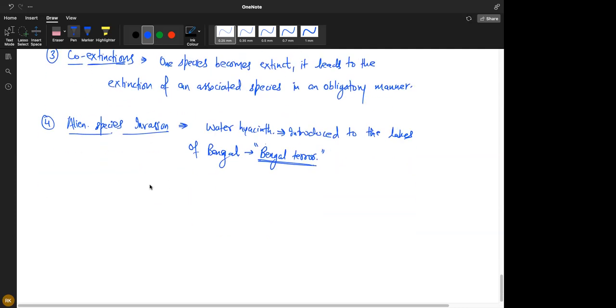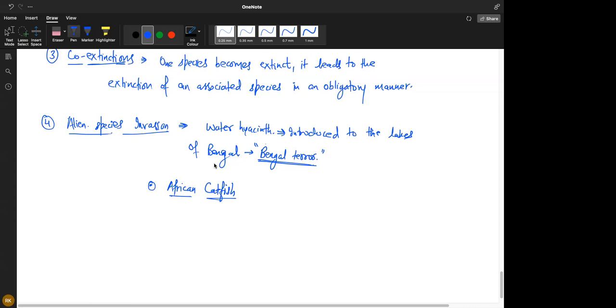Another example, in the case of animals, is the African catfish. African catfish were deliberately introduced into the Indian freshwater system, because people liked these catfish for aquaculture purposes, like keeping them in an aquarium or culturing them for food.